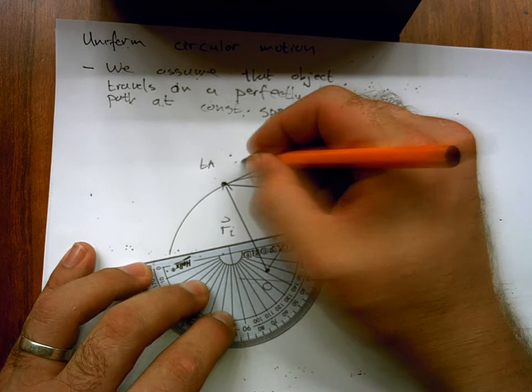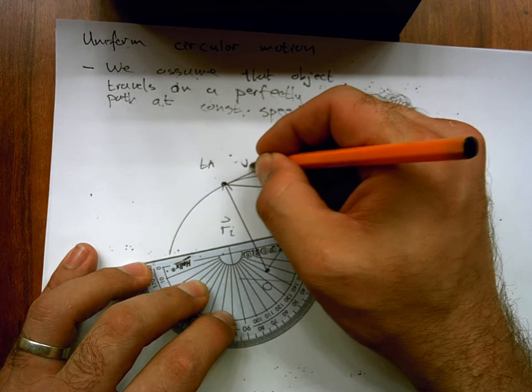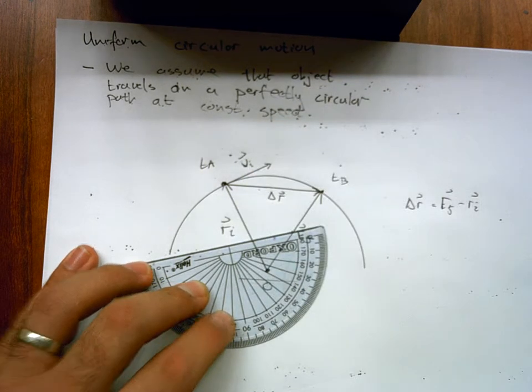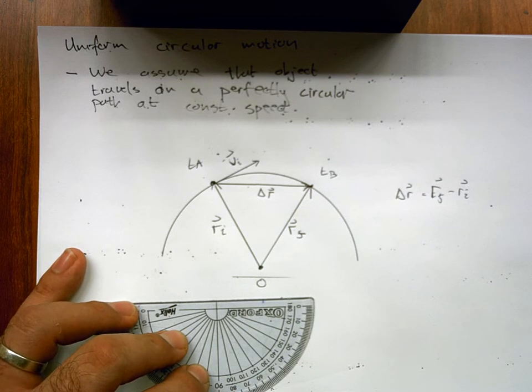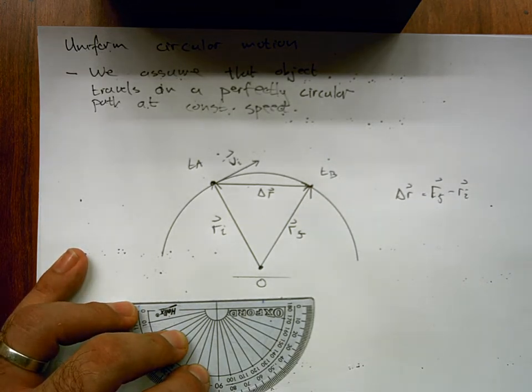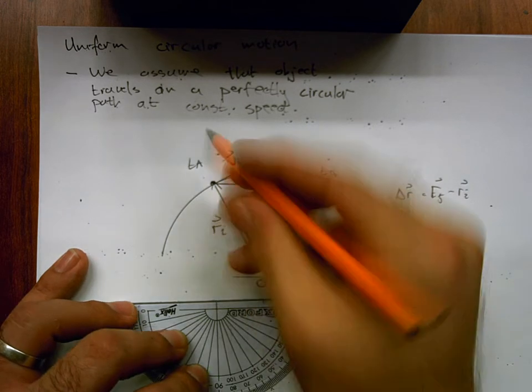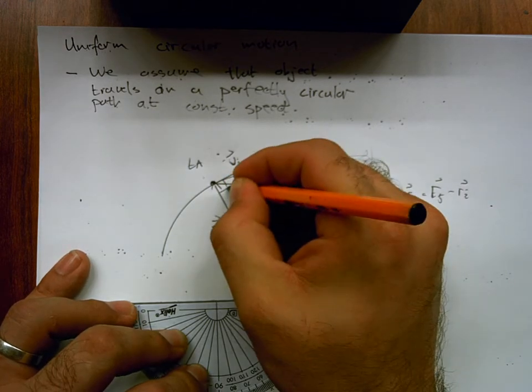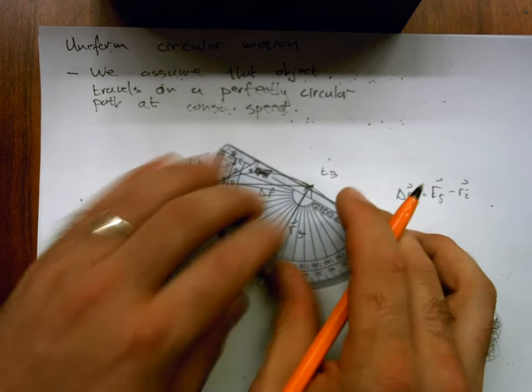Okay, its magnitude we haven't specified yet. Doesn't matter for this example. But at that instant, its velocity is pointing tangential to the track, and that just means that angle is 90 degrees.